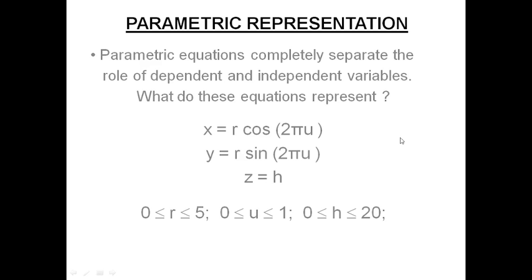So it is a continuous variation or locus of a circle with varying radius, and on the other hand it is varying the height also, that means it is nothing but a solid cylinder.